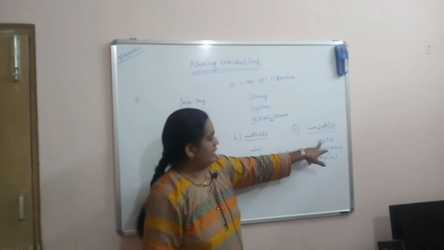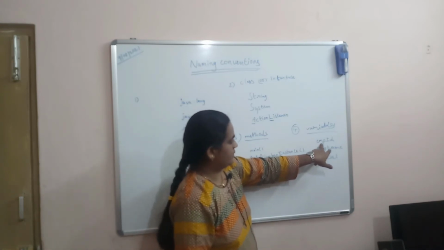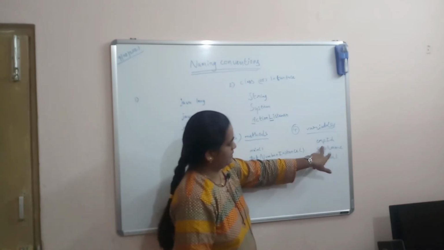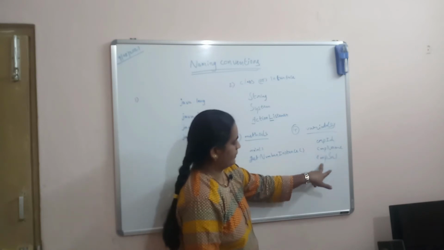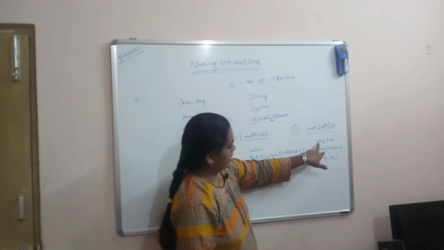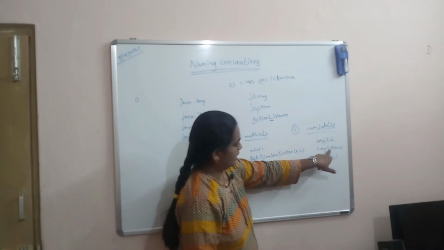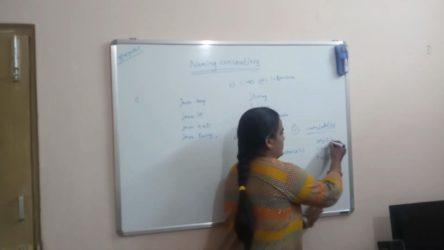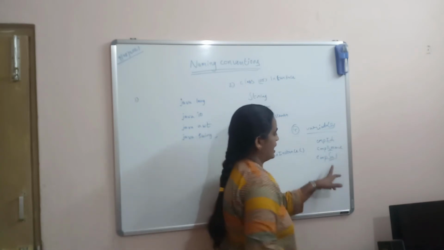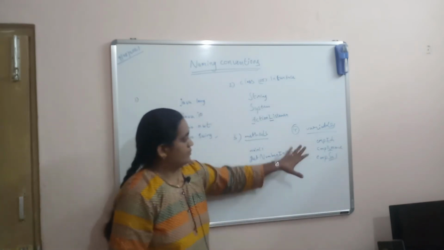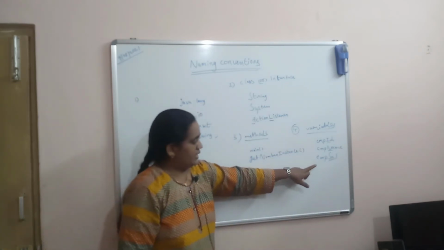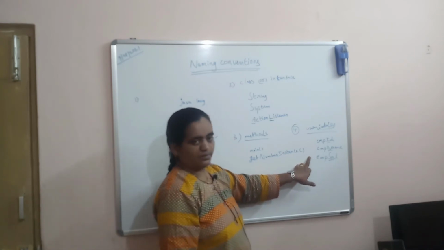So I follow this rule, and every programmer needs to follow it like this. In empId, emp is in small letters, I is capital. In employeeName, N is capital, and in employeeSalary, Salary is capital. While writing variables, we need to follow this rule.